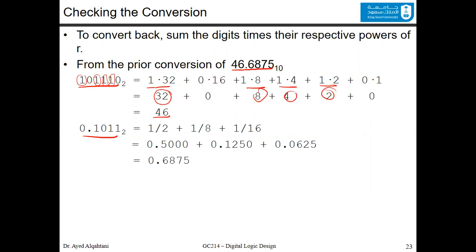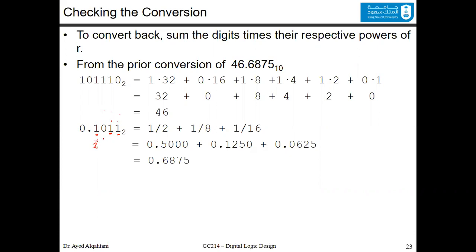For the fractional part, you will say that it is this one, and this one, and this one. This is multiplied by 2 to the power of minus 1. And this is 2 to the power of minus 2, and this is 2 to the power of minus 3, 2 to the power of minus 4. Let me write it down.